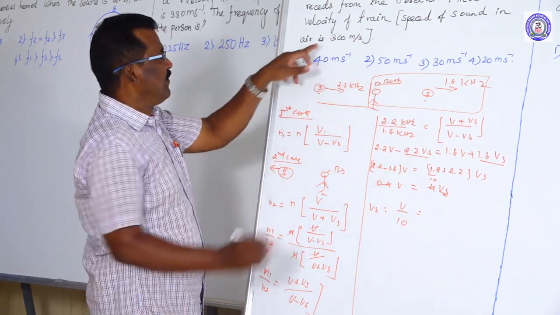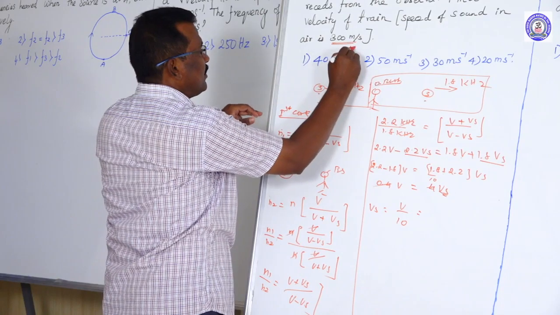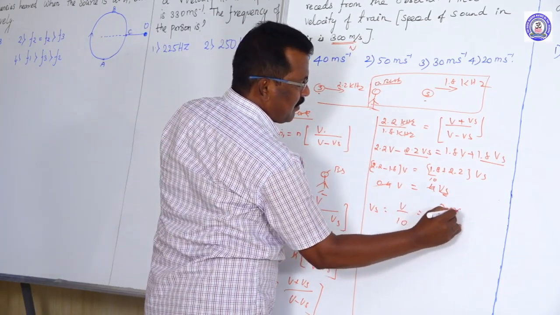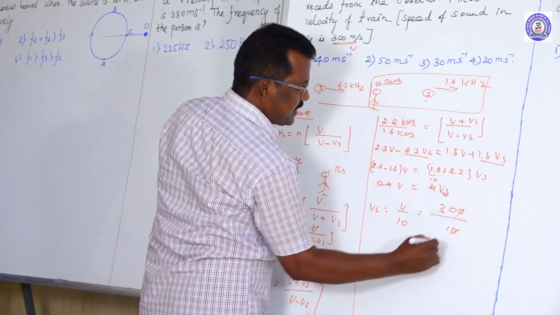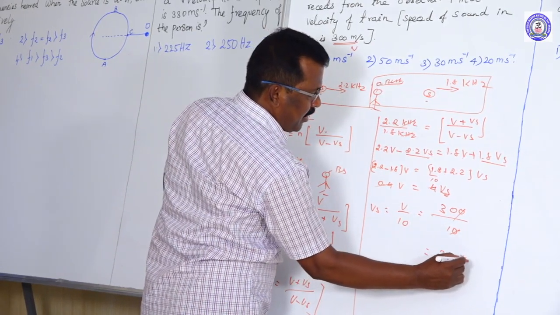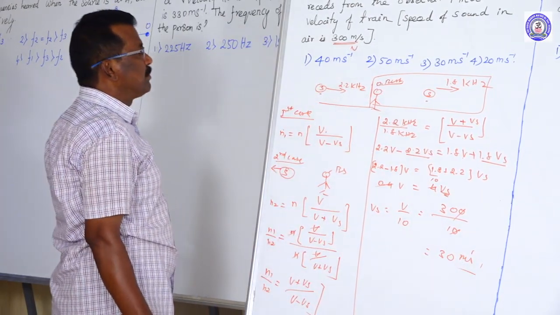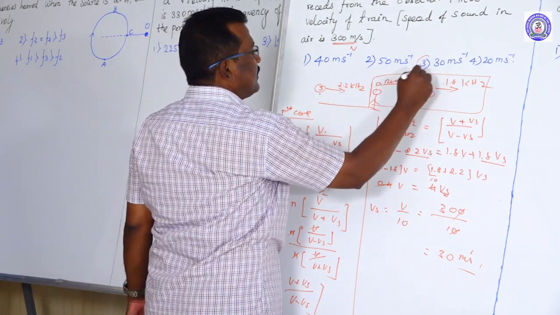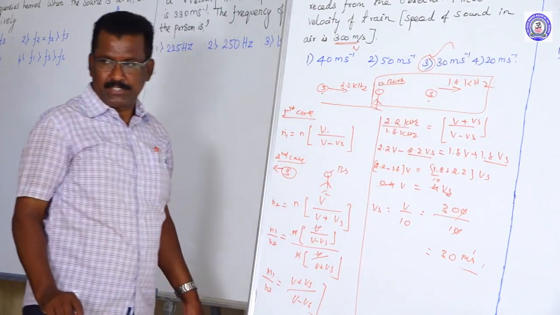We know v, the velocity of sound, is 300, so 300 by 10, cancel, so 30 meter per second. So the third option is correct.